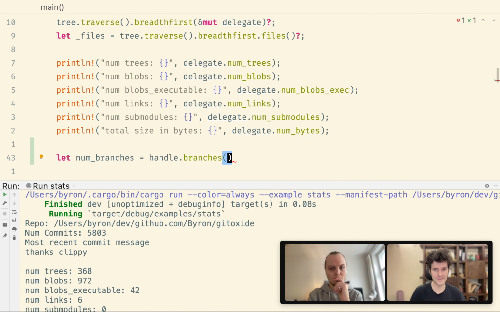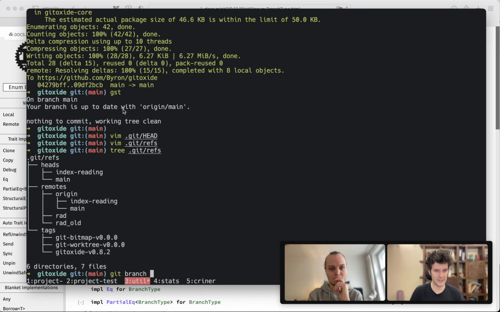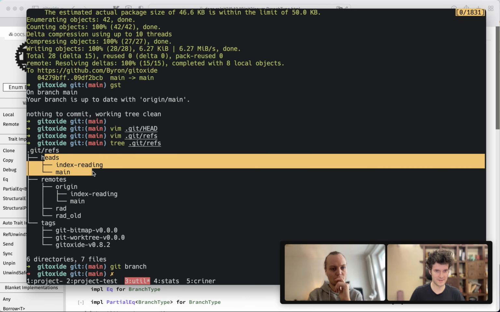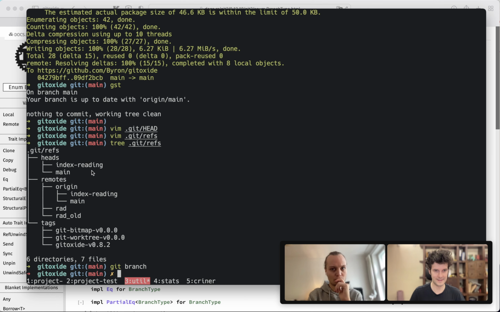Okay, so how does that map to what we have here? Local branches are the ones that are in heads, that have the heads prefix or the heads path in them. And remote branches are the ones that are in the remotes subdirectory. And that's it, right? So it's more like a filtering on top of normal references, because ultimately it's just refs here.